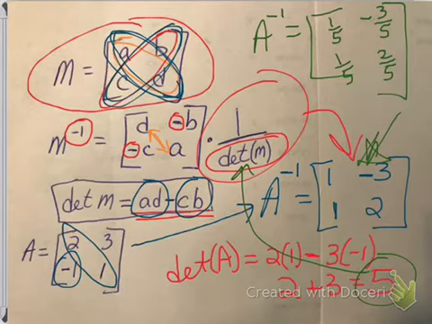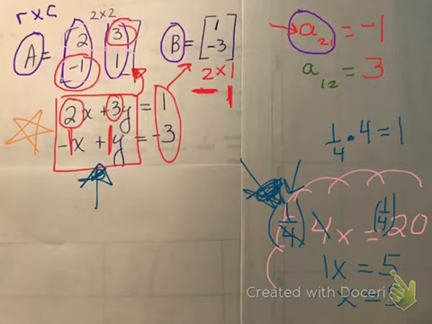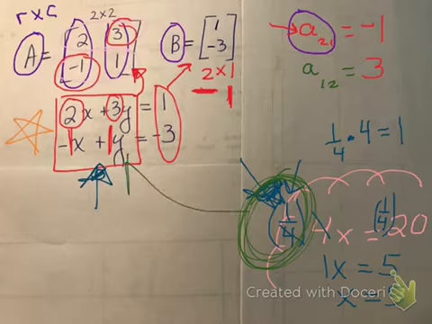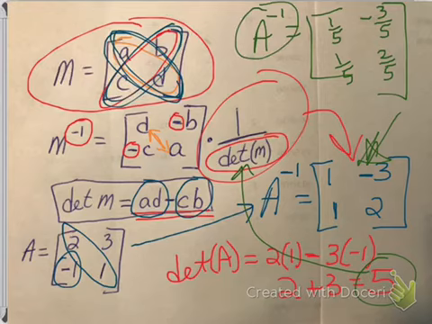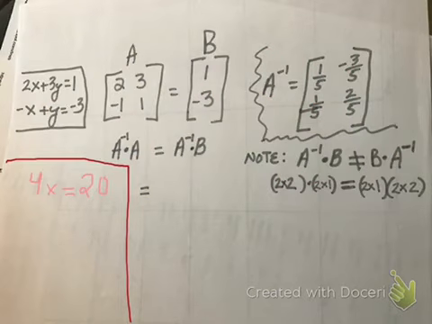Now, let's go back to my original thing here. Now that I have the inverse matrix C, excuse me, I now can solve this equation. So I'm going to take this guy here, A inverse. Going back to the original, that's the big picture. We're trying to solve this equation.